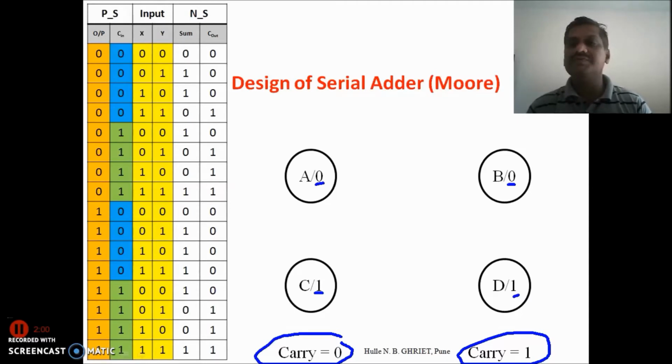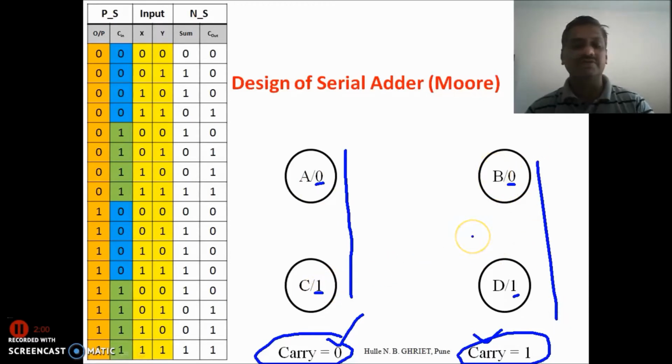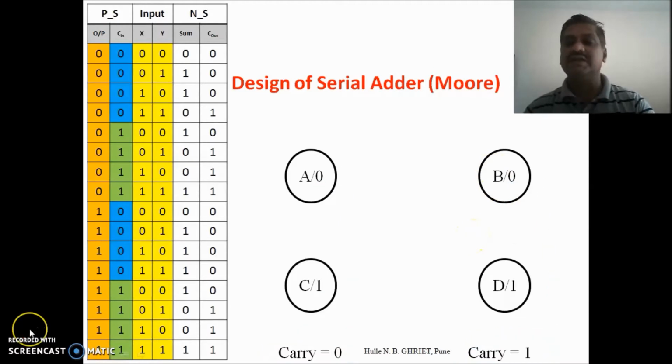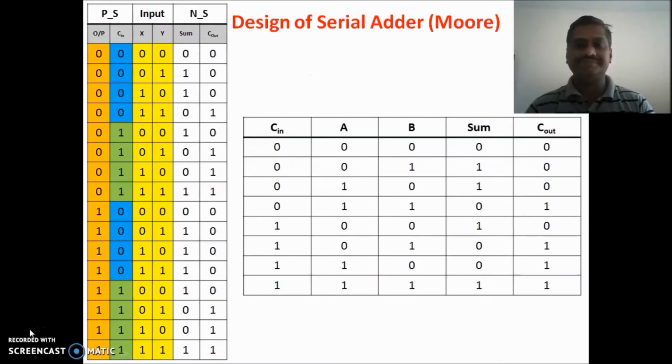The number of states is equal to the number of things we have to memorize plus the number of possible outputs for each of them. For carry equal to 0 we have two possible output combinations, and for carry equal to 1 we also have two. That's why the total number of available states in the Moore design for the serial adder will be 4. I will go back to the slide.